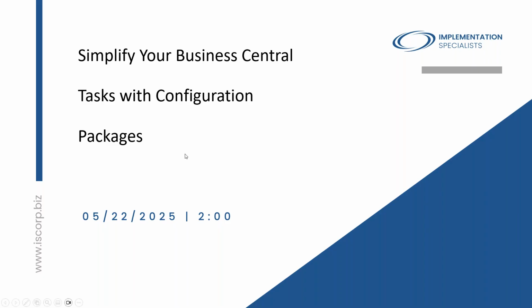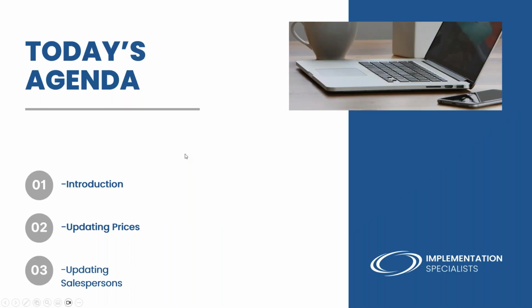So we'll get to our agenda, as I went through some of the introduction. The first thing that we want to look at is how we can update our prices for the items, and the second thing is updating the salespersons. It's just another task that people want to do.